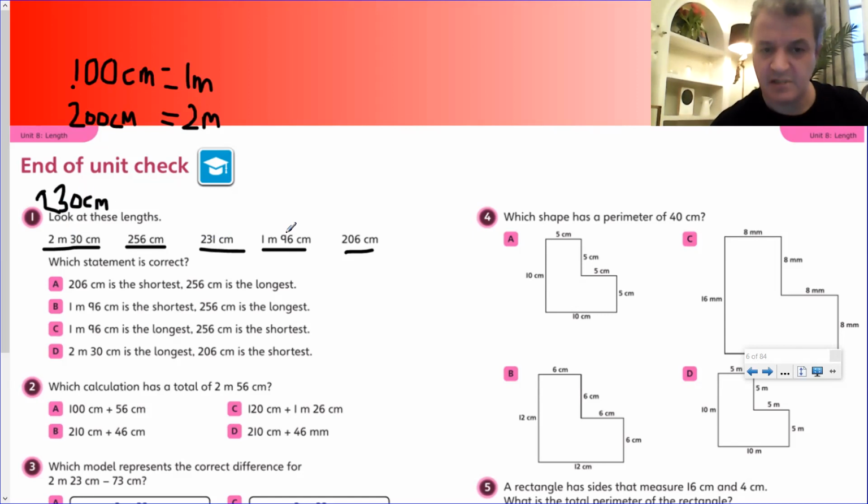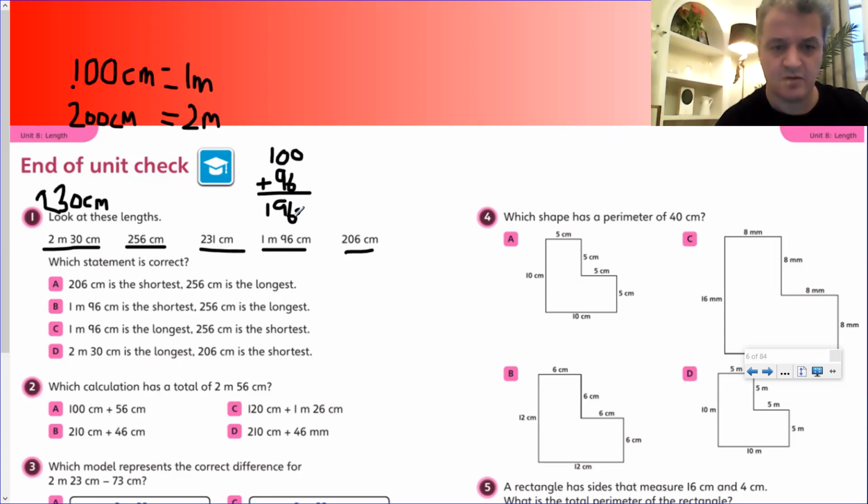We can see this one is the 1 meter 96. What's 1 meter equivalent to? It's equivalent to 100 centimeters. I'm adding that to the 96 centimeters, and I end up with 196 centimeters.